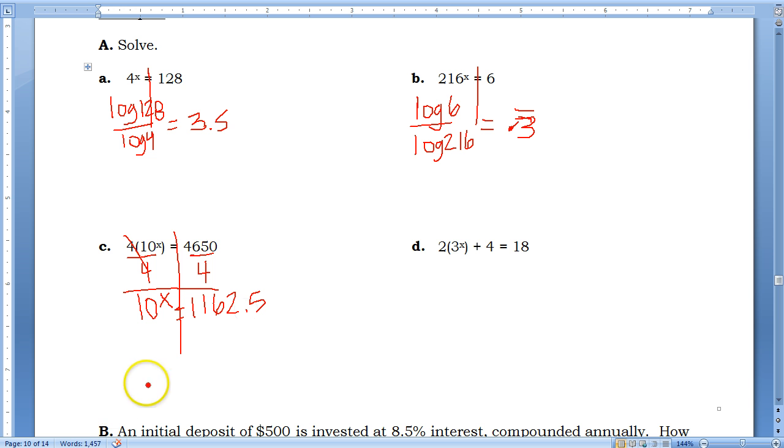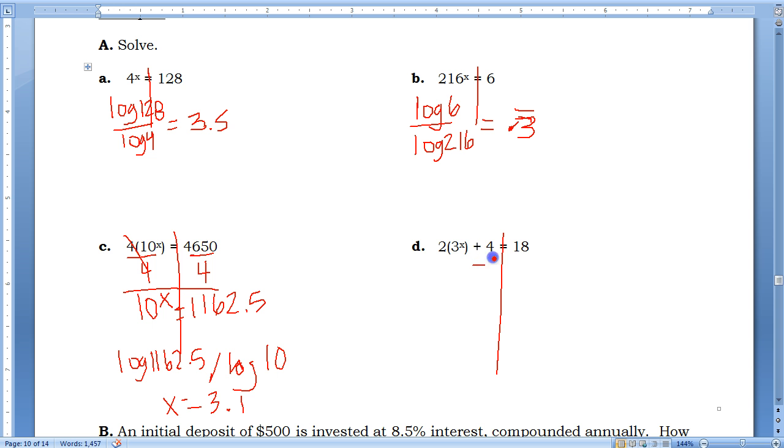Now I can do the log step, and that is log of 1162.5 divided by log of 10. And I get 3.065, but I'm going to round to 3.1.